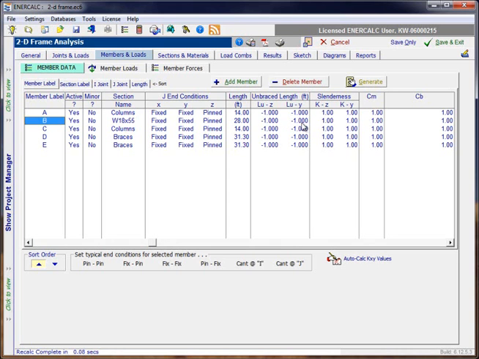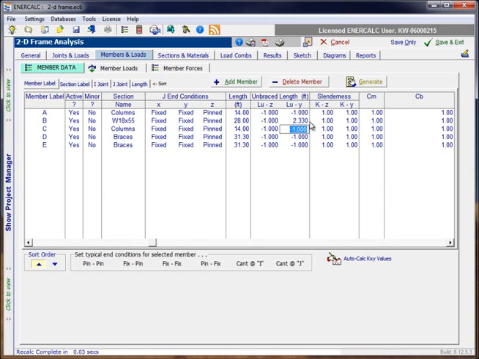For buckling about its weak axis, though, what we might choose to do is come in and say that perhaps it's wood joists that run across the top of these members, and we consider them to be bracing at 2'4".